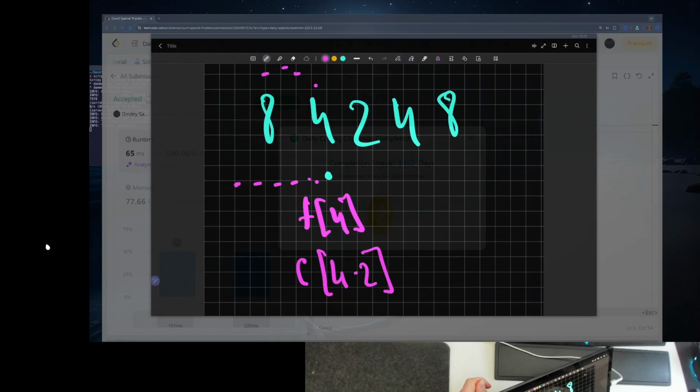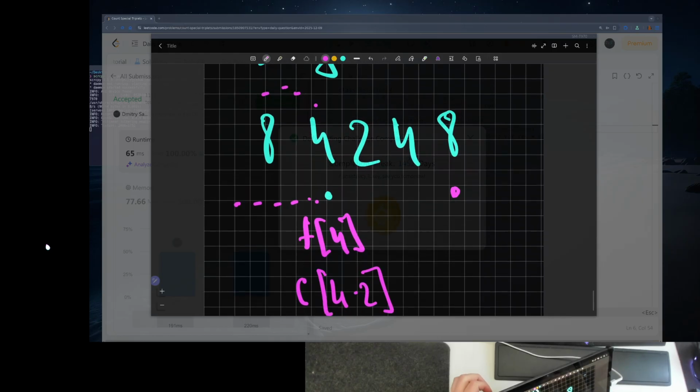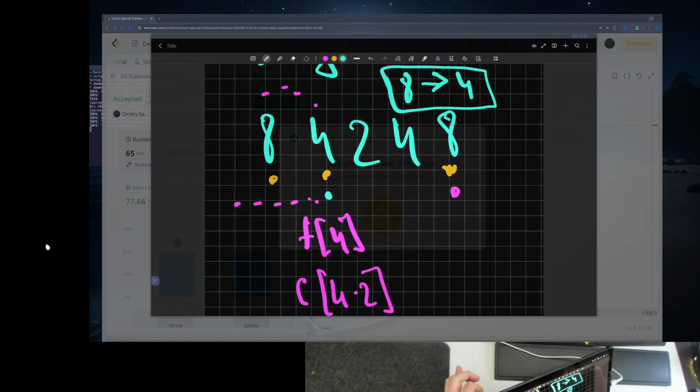And when we meet the next 8, how can we know about this triplet? We should know that there are some 8s for the 4 pairs, and count them.